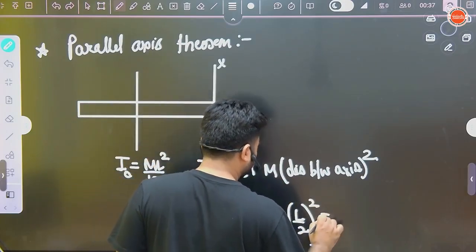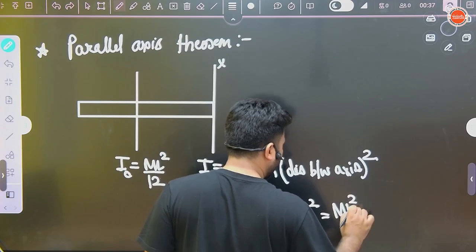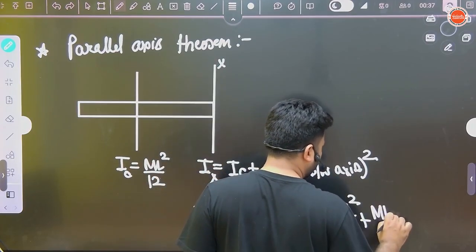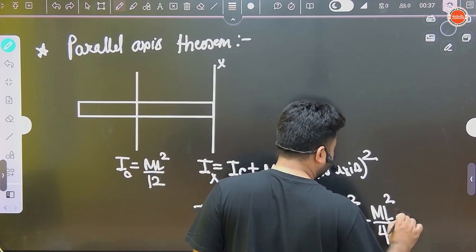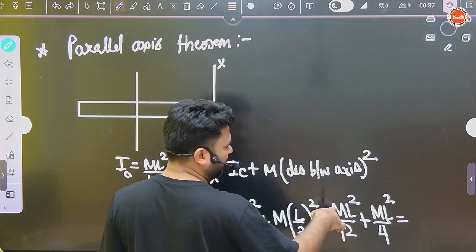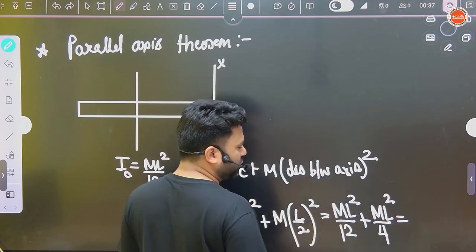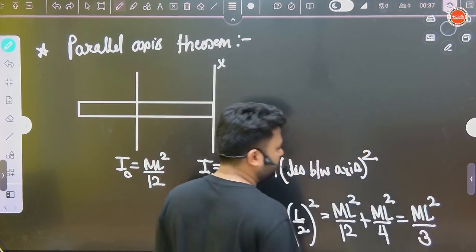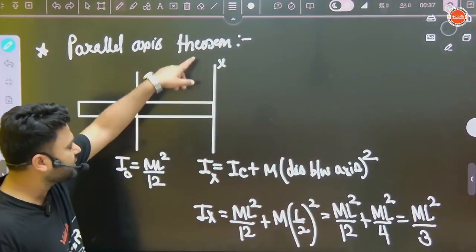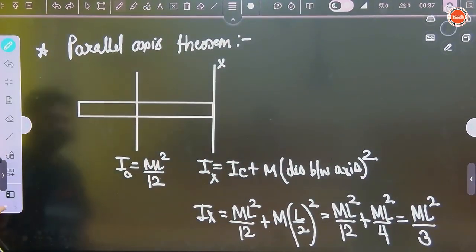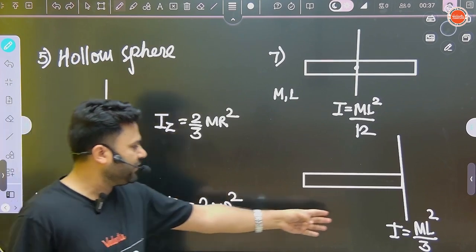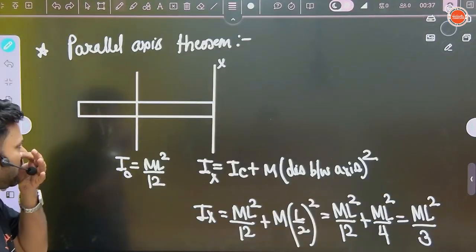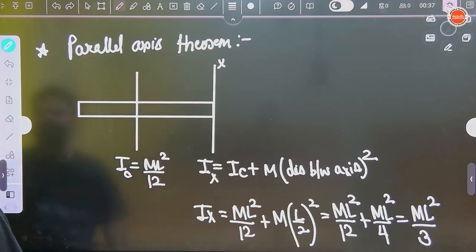So this will be ml square by 12 plus ml square by 4. You take the LCM. So ml square plus 3 ml square, 4 ml square by 12 means ml square by 3. See, it is coming ml square by 3. Moment of inertia about this axis will be ml square by 3, and this I have made you write also, ml square by 3. So this is parallel axis theorem.